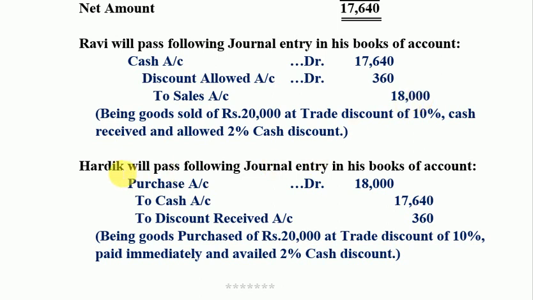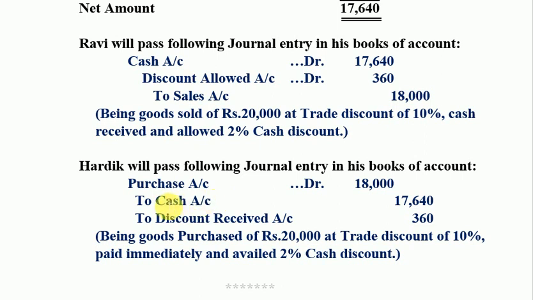Now let's see how Hardik will record this transaction in his books of accounts. Hardik will pass the following journal entry: purchase account debit, to cash account 17,640, to discount received 360. So Hardik is purchasing the commodities whose value is 18,000, but he is paying cash promptly or early.